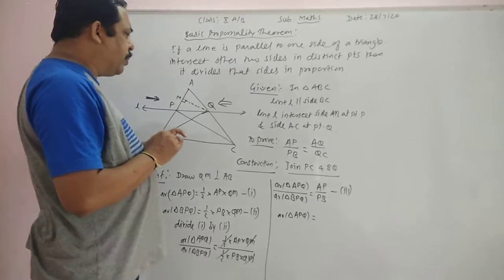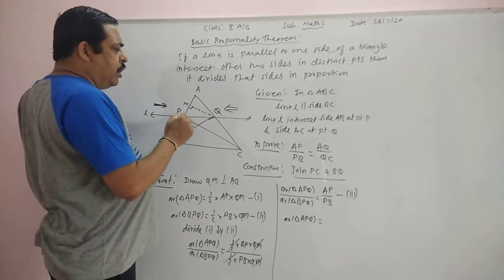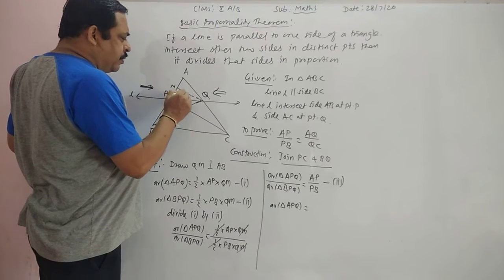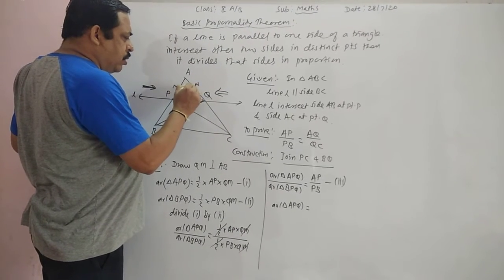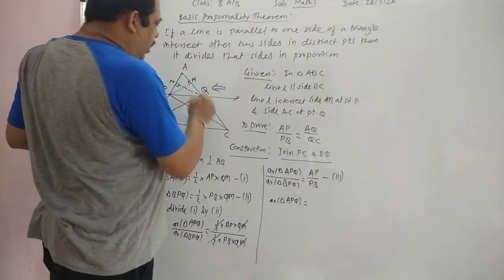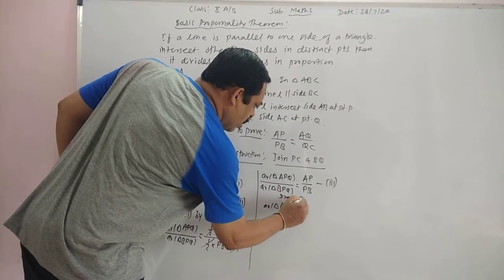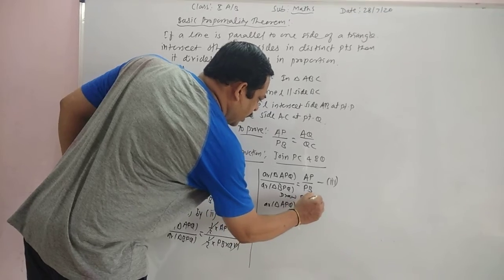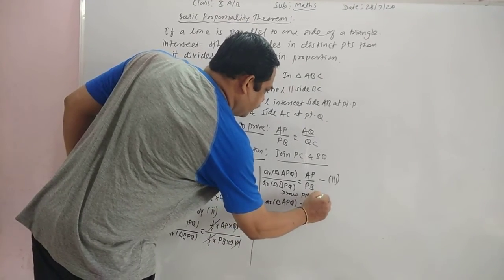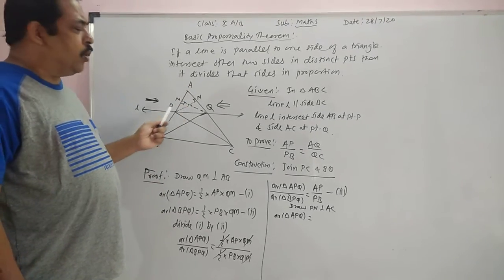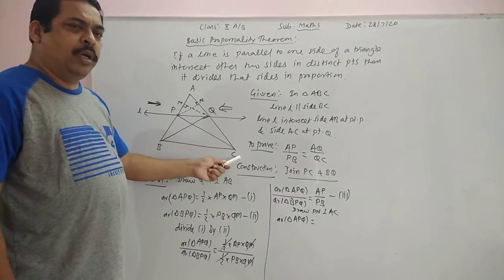To find the area of triangle APQ, we draw the perpendicular from point P, PN perpendicular to AC.